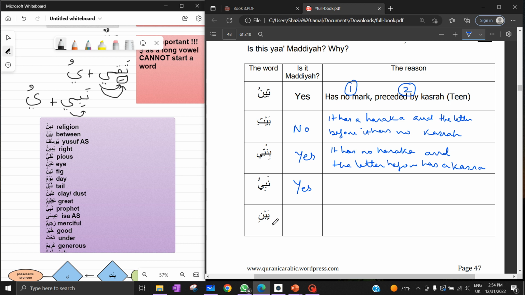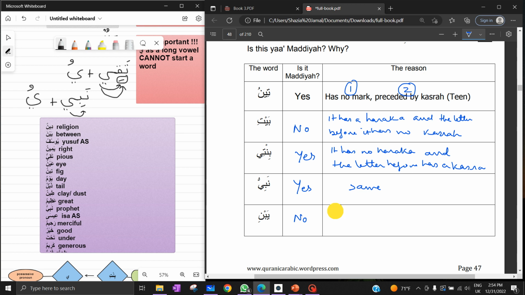Yabni. Does it have a long vowel ya midiya? No. Here we don't have a long vowel ya midiya. Why?